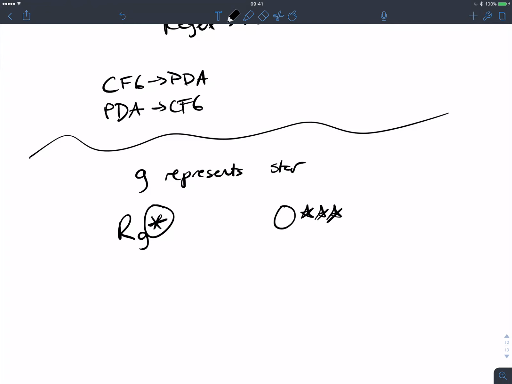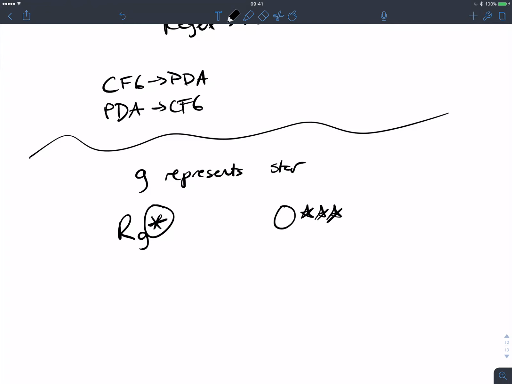So if I want to prove it's not context free, what do we do? Assume L is a CFL. Then there exists a pumping length P for L. Then we have to pick a string with what two properties?